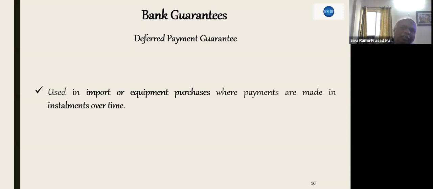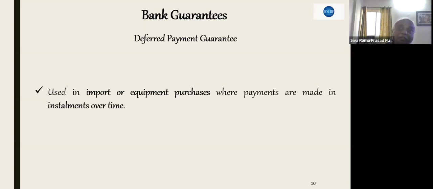It is used for import or equipment purchases where payments are made in installments over a period of time. The DPGs are within the country and outside the country. If I import goods from China, particularly machinery for cement companies, we are importing plant and machinery from China.